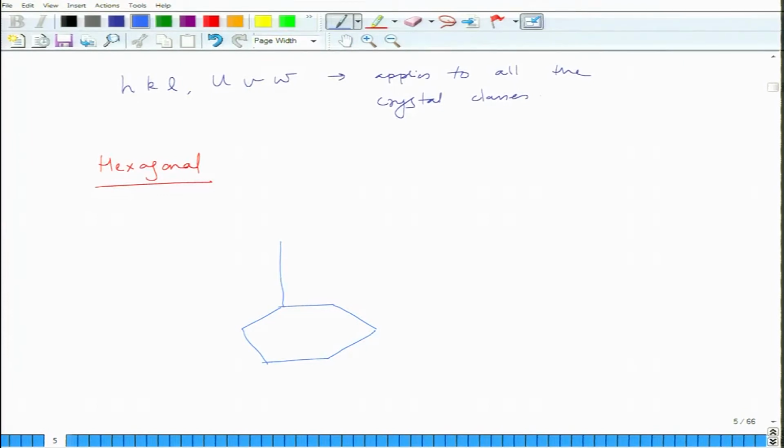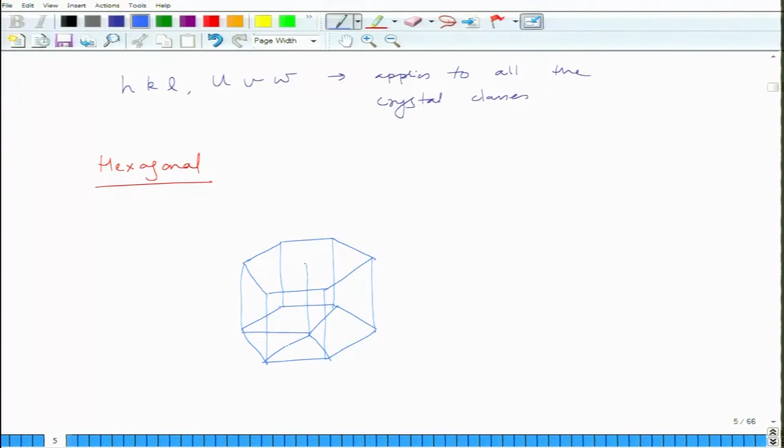Let me draw how well I can draw. This is my hexagonal system, this is the first one, this is the second one, this is the third one.